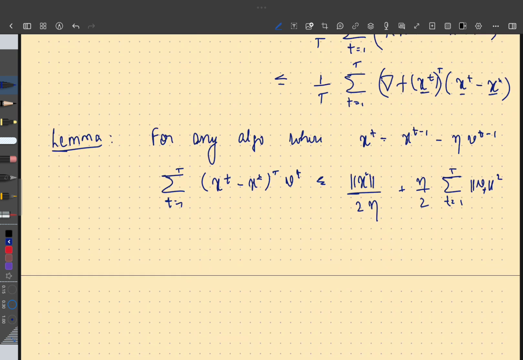So basically the sum of the inner products is at most some quantity that is bounded by x star, for any arbitrary x star. So v_t doesn't necessarily have to be the gradient, and x star doesn't necessarily have to be the minimum.